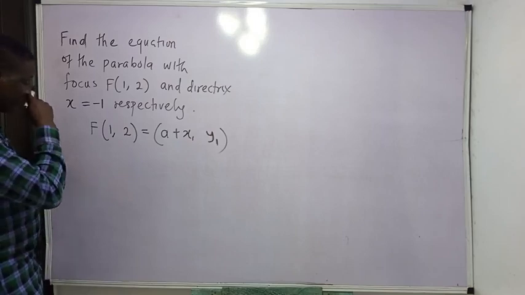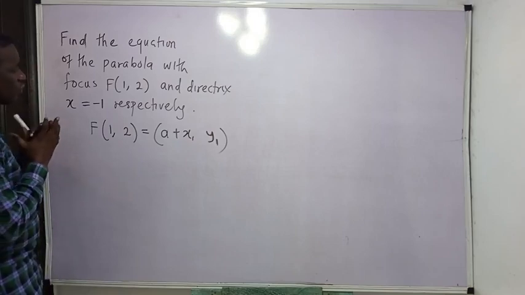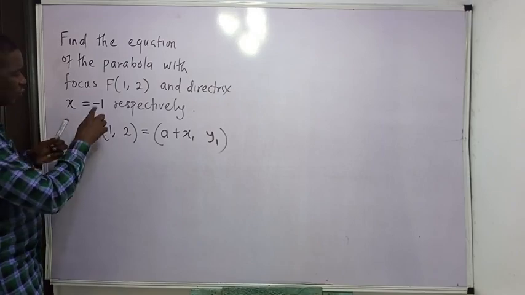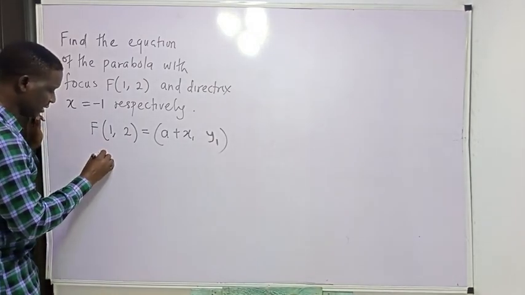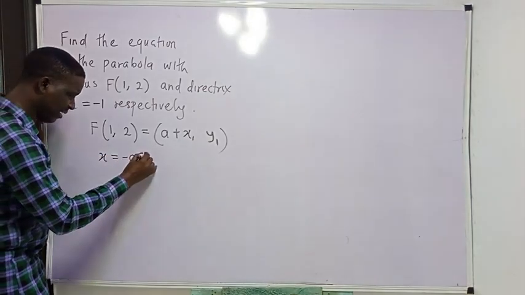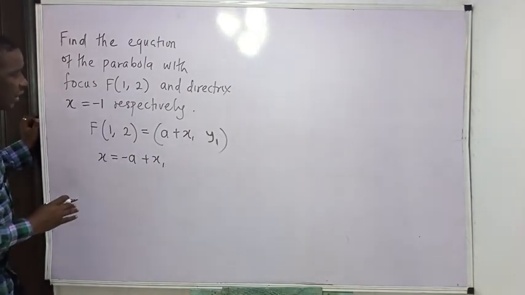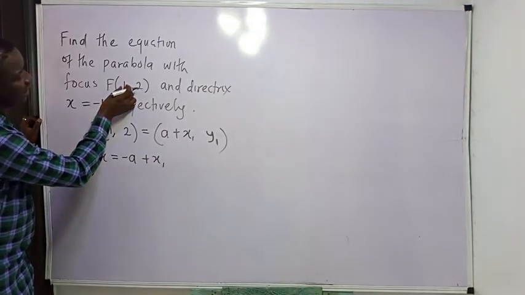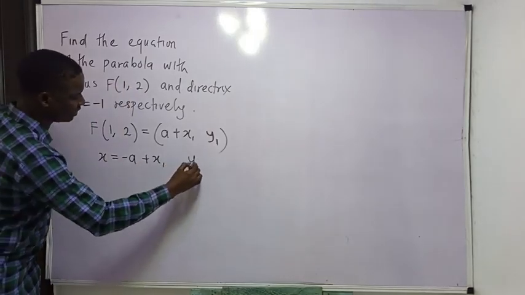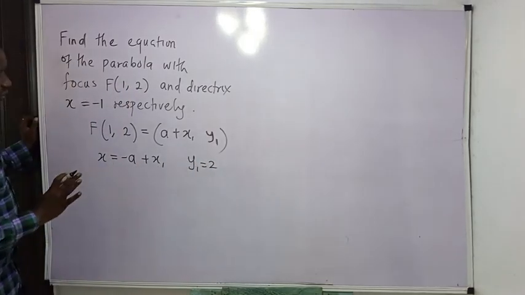Now, having understood that, we are going to write this equation of directrix, which is equal to minus a plus x1 normally. So let's solve now. Our y1 is already 2, so no problem with that one.